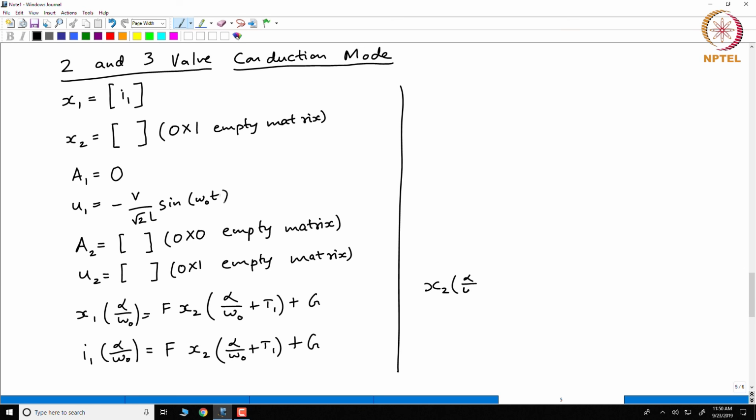So x2 itself is empty means x2 evaluated at any instant is also empty. So this is an empty matrix of size 0 cross 1.